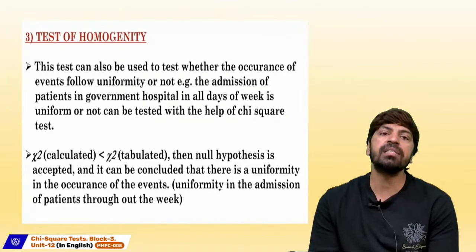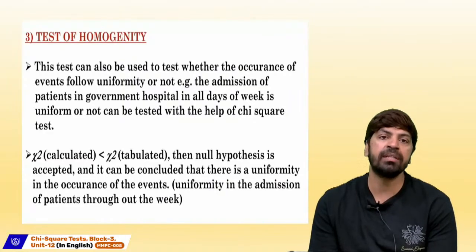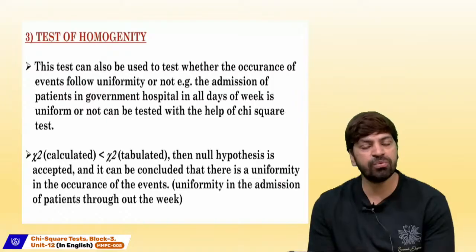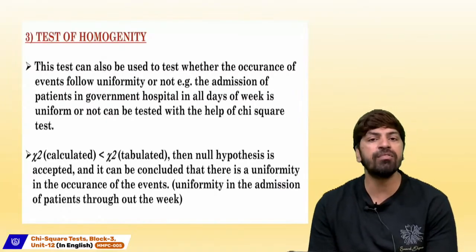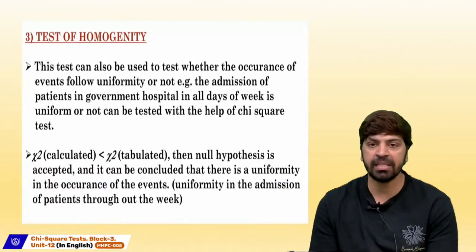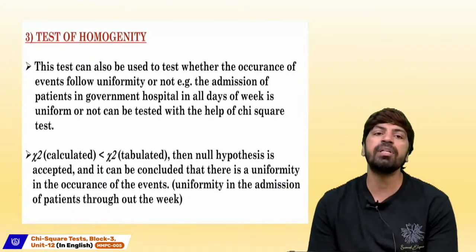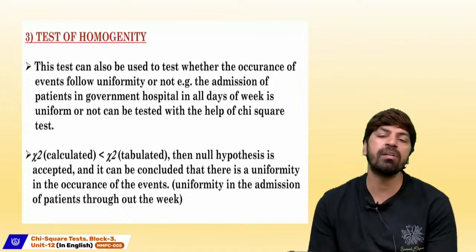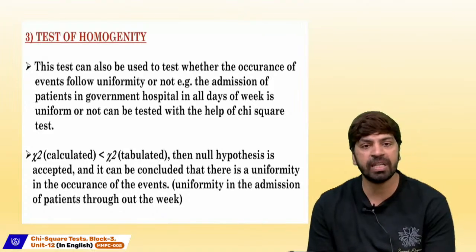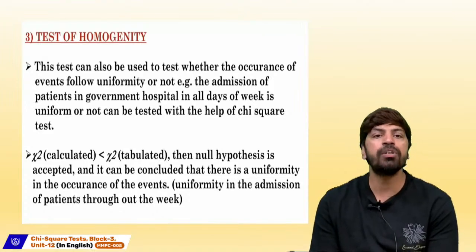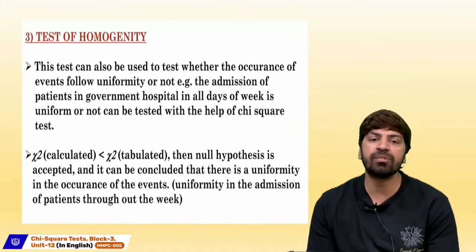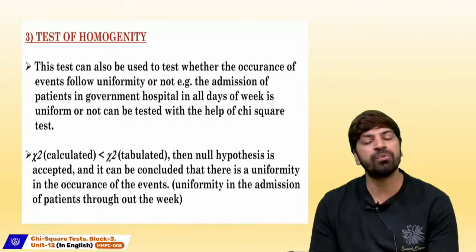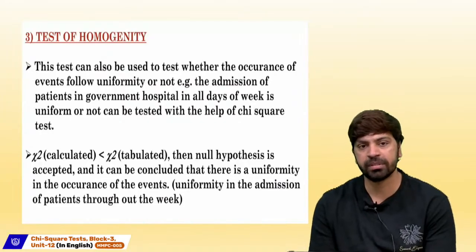The next is the test of homogeneity. This test can also be used to check whether the occurrence of events follows any uniformity or not. For example, whether the admission of patients in a government hospital on all days of the week is uniform or not can be tested with the help of the chi-square test, and the same rules are to be followed.